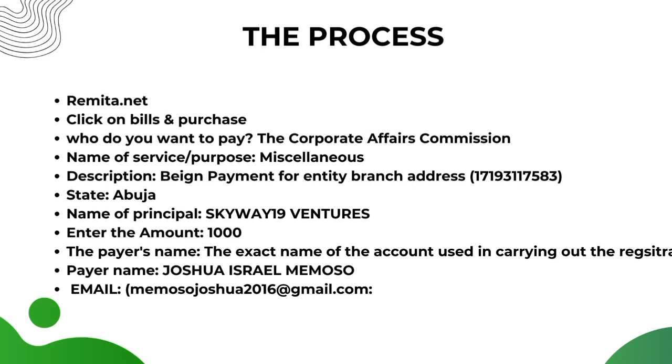Then you need to enter the amount. For my own case it is 1,000 naira because it's branch address. But for the late commencement and all that, you need to do the calculation of 150 naira multiplied by how many days that you are paying for. So you get the amount.